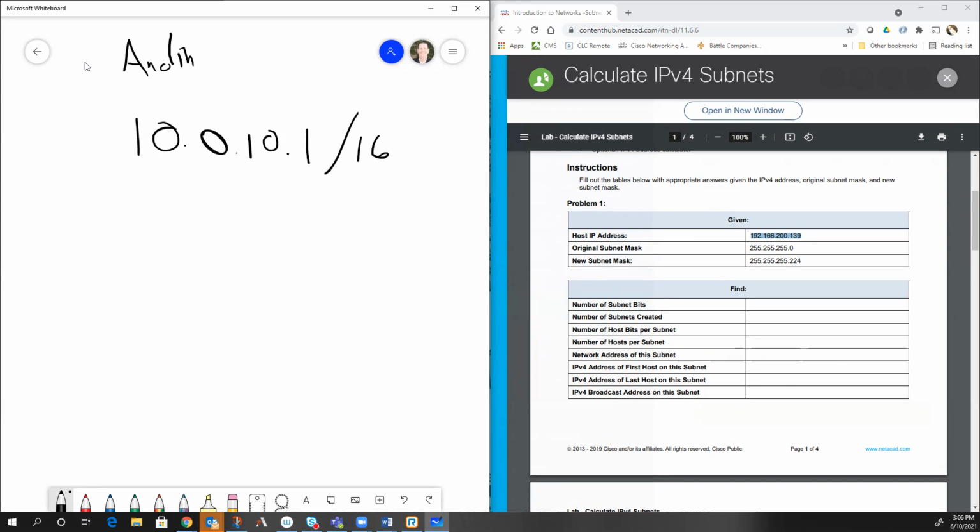If you are ever given an IP address and a mask, and they want to know what network that IP address is on, what you do is you convert the IP address to binary.